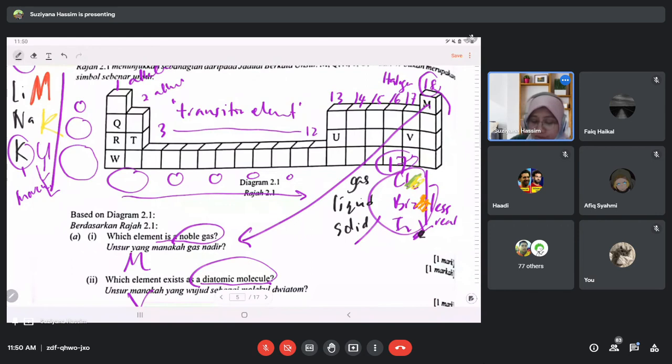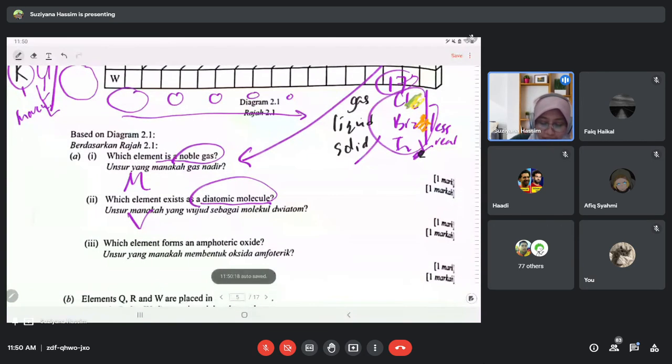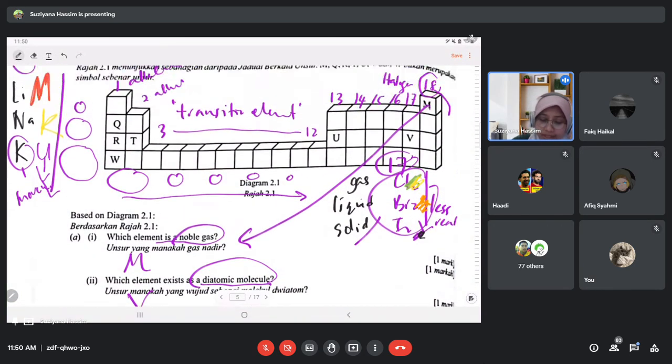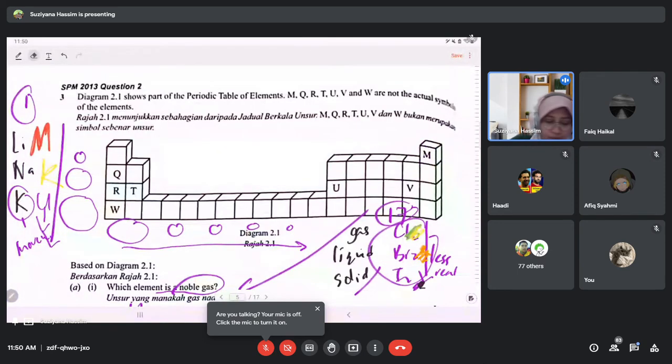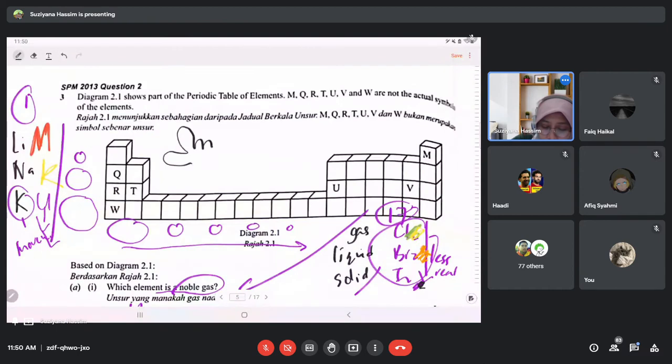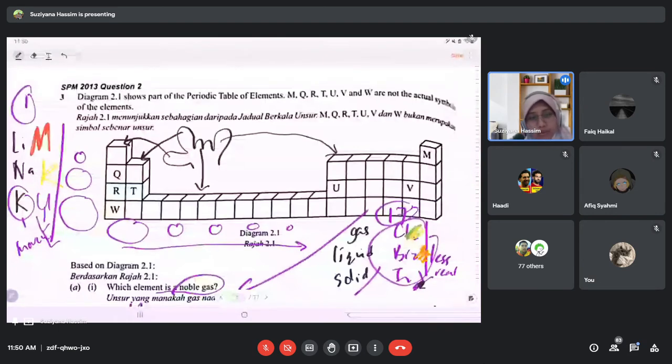Okay, alright. So, next one. Which element forms an amphoteric oxide? Okay, sayang. Now use your hand. I count first. Group 1, group 2. This one belongs to here. Nampak? Jari kiri kamu. Buat macam tu. 1, 2, 3 to 12, 13.